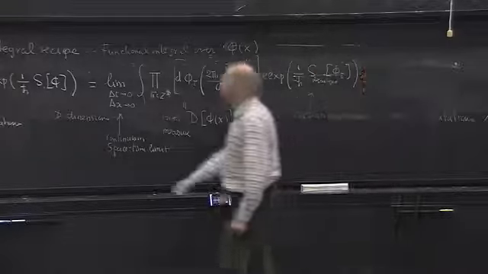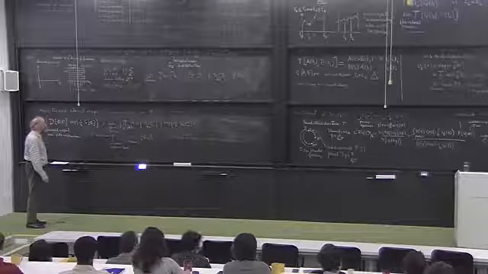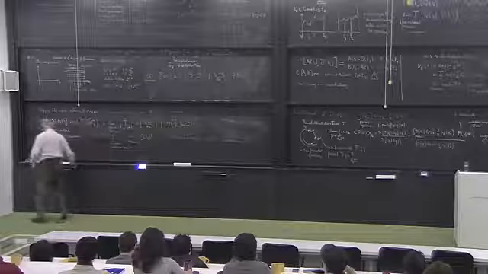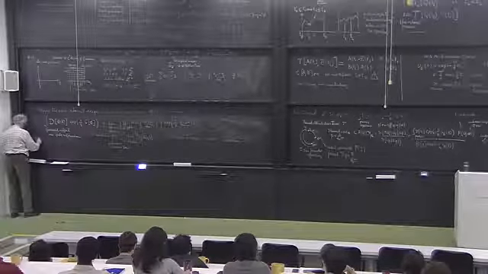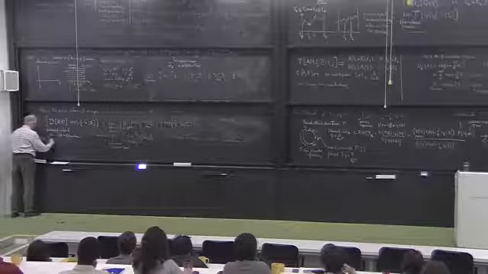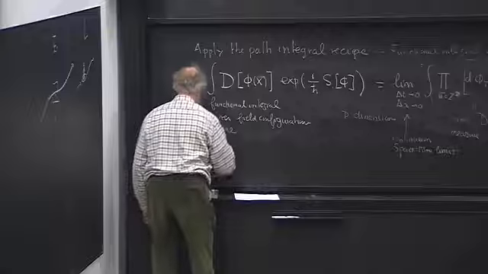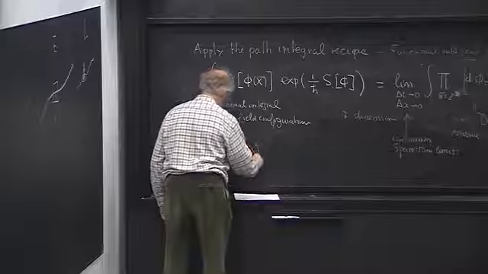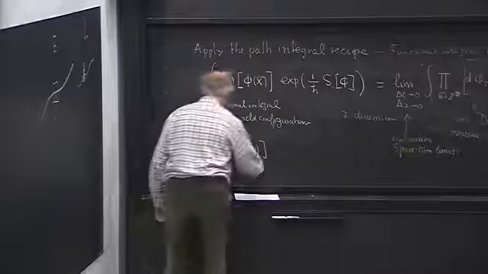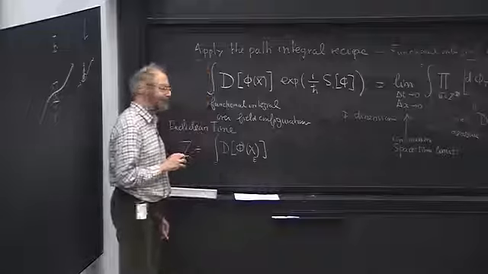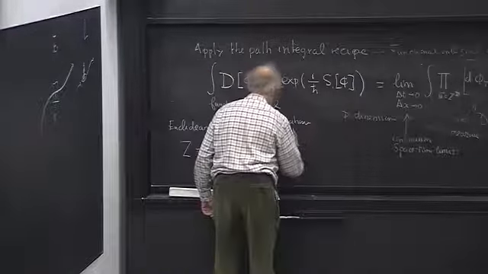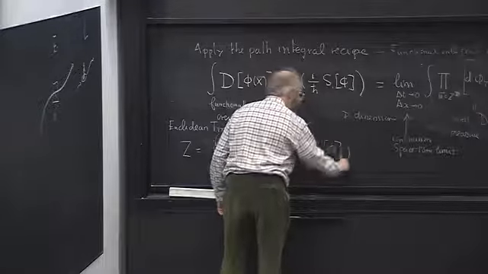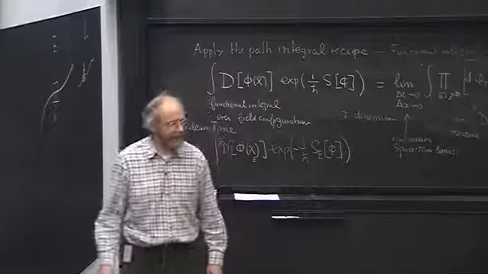Okay? And finally, last remark. This works as well at Euclidean time. At Euclidean time, you simply have to consider, for instance, a partition function given by d of phi of x, but now x has to be taken as a Euclidean vector, exponential of minus 1 over h bar S_E of phi, and still a Gaussian integral.